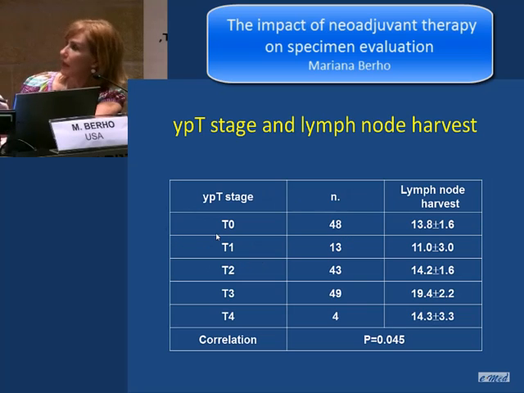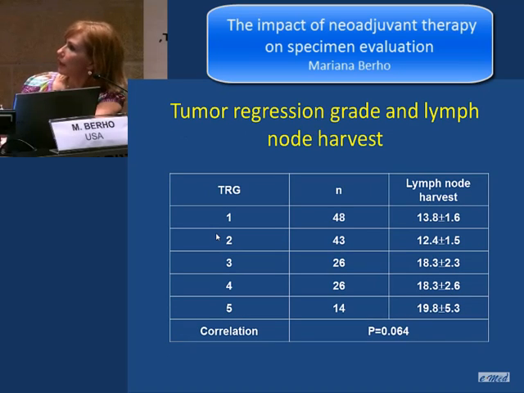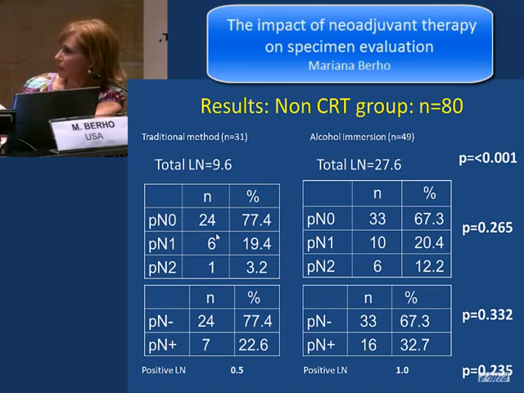As you can imagine, and as I said before, the number of lymph nodes increased the higher the stage, which makes sense. Also, as we predicted, the better the response of the tumor, the fewer lymph nodes we found in the specimen. Now, what was our experience in terms of the importance of this decrease of lymph nodes?